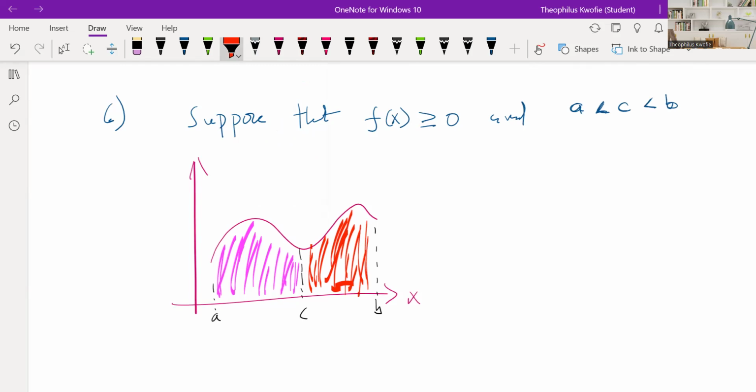Okay. So in such a situation, how do we find the integral? Remember, as I mentioned, the definite integral has to do with finding the area under the curve. But in such a situation, how do we do that when you are trying to find a point within the interval and see how best we can move from one point to the other before we finally move to the end point?